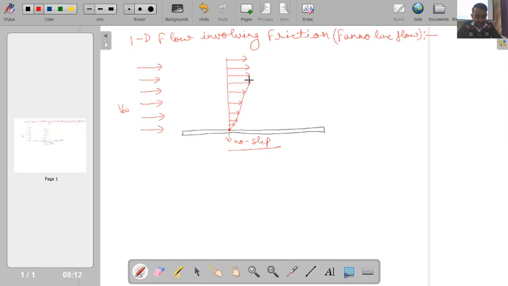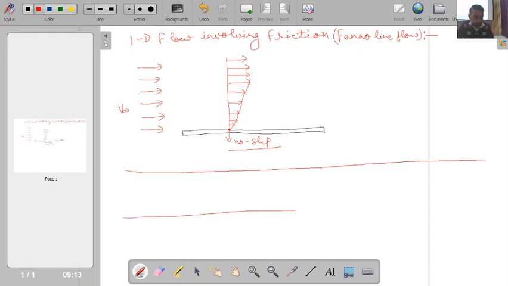Ultimately this change in velocity is seen only with changes in temperature if we consider the incompressible flow situation. However, for compressible flow situations there can be significant changes in other thermodynamic properties as well. And the immediate requirement for understanding this type of situation is a natural gas pipeline.